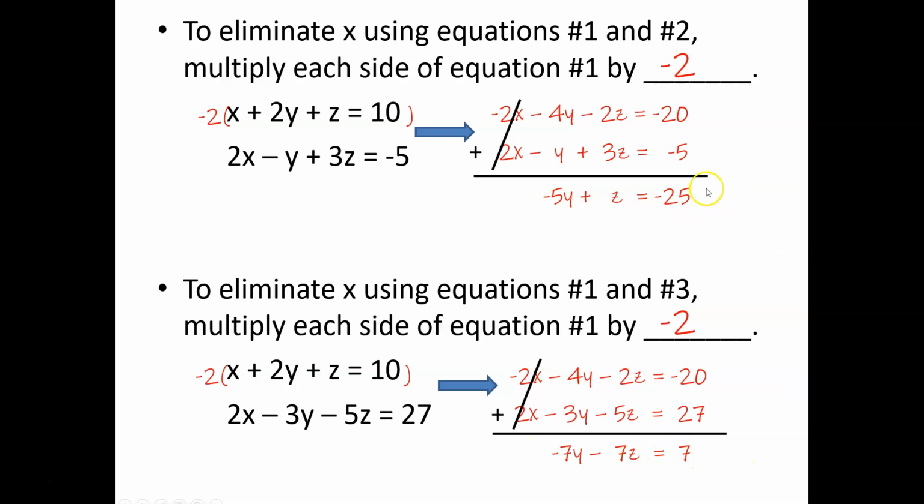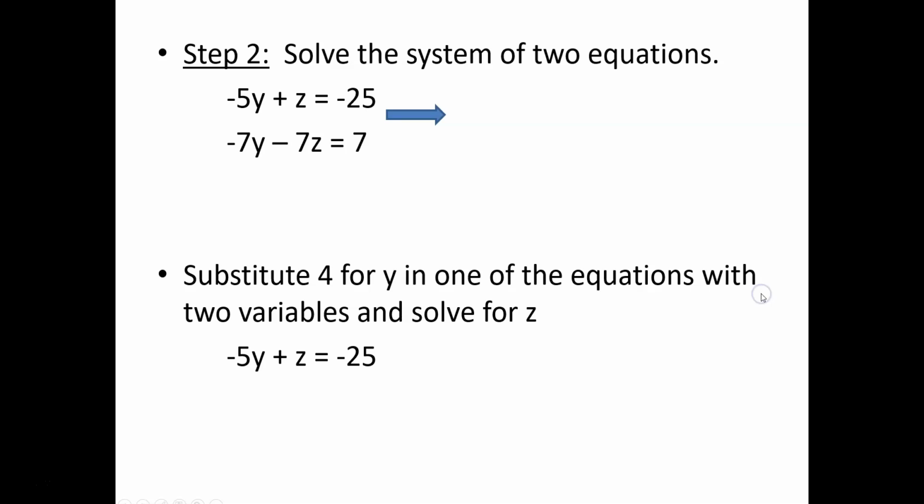So, we need a y and a z in our first equation, and a y and a z in our second equation. Now we know how to do this. We have a system of two equations and two variables. Let's try to get rid of the z because the coefficient of z is 1.